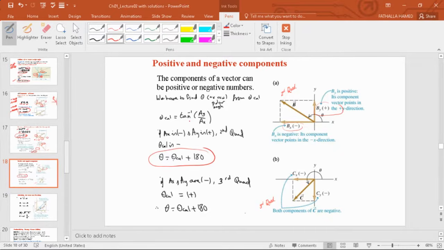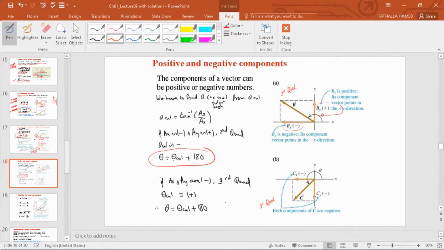How do I know that I'm in the second quadrant? Well, in the second quadrant, x is negative, y is positive. Now, if I'm in the third quadrant, my x is negative and my y is negative. When you calculate, it will give you a value as if you are in the first quadrant, which is not right. To compensate for that, you have to add 180 degrees.